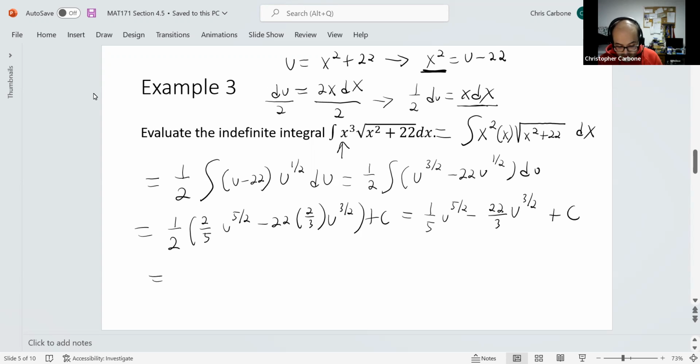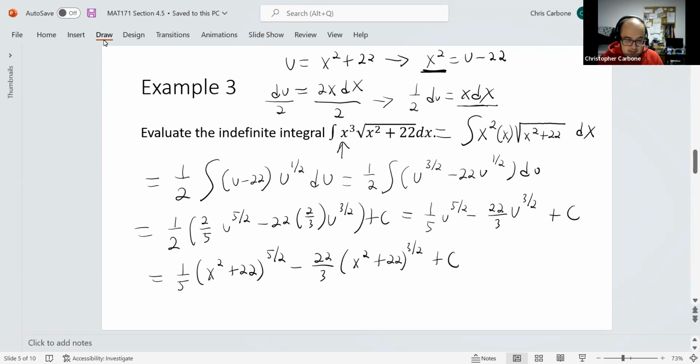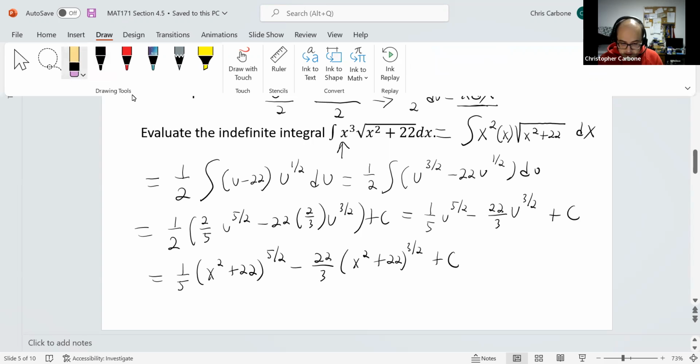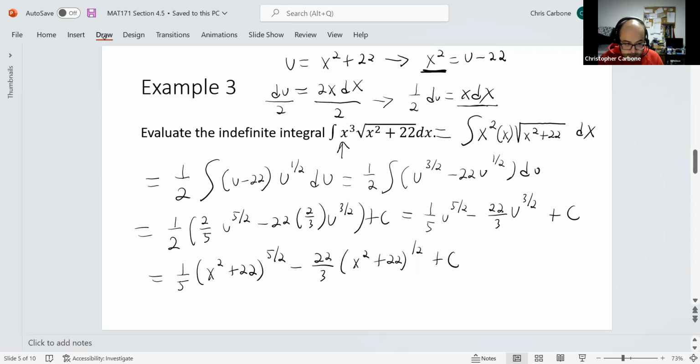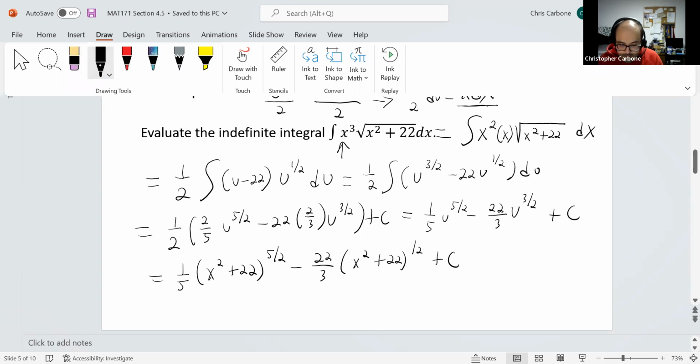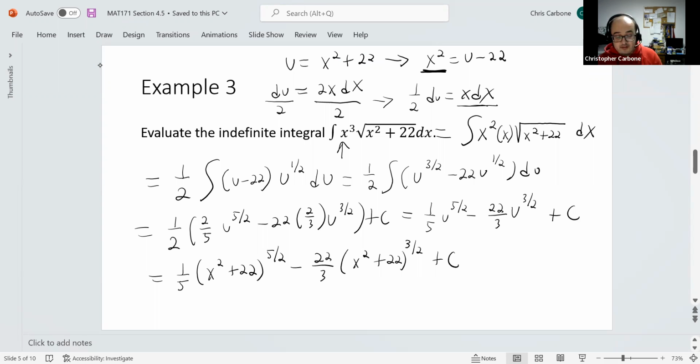And then resubstituting here at the end, this is 1/5 times x squared plus 22 to the 5/2 minus 22/3 times x squared plus 22 to the 3/2 plus c. And let me just fix this 3. That is the integral that we obtained for this particular problem.